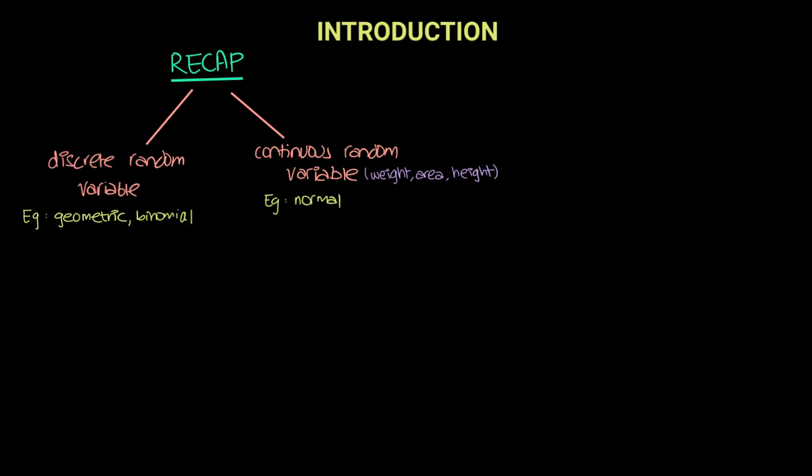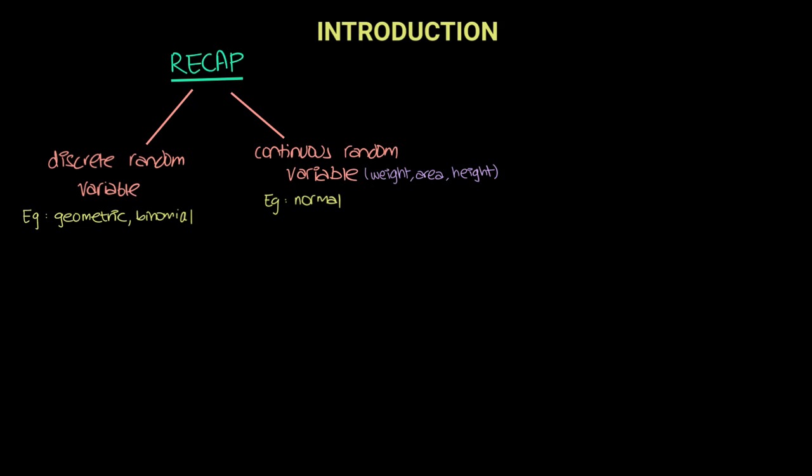An example of a continuous probability distribution, which we are going to do in this chapter, is the normal distribution. The normal distribution is a very important continuous probability distribution which will help us map real-time scenarios and calculate probabilities accordingly. So now let's learn more about the normal random distribution.